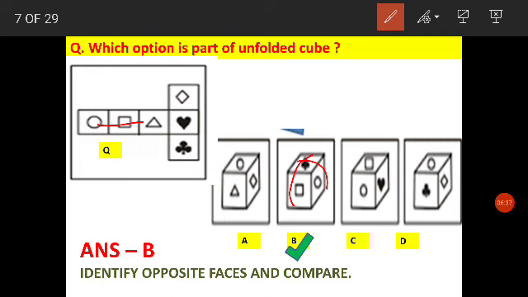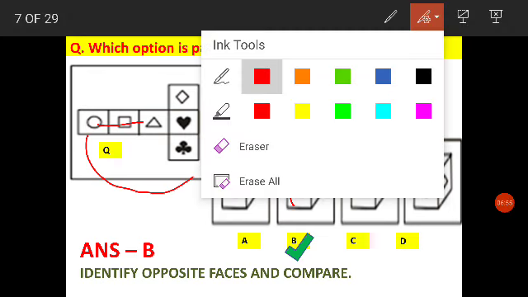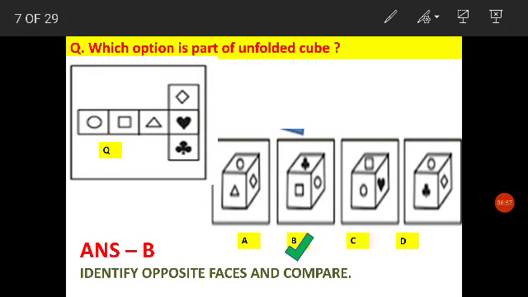So let's see. Let the club go down and this thing get rolled up. So what you will find is this option is very much possible. And likewise you examine C and D also. So finally, you can come to the conclusion that option B is the correct option.